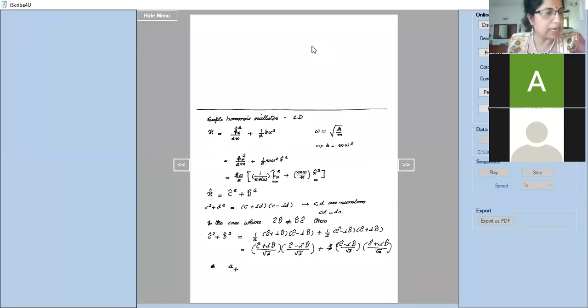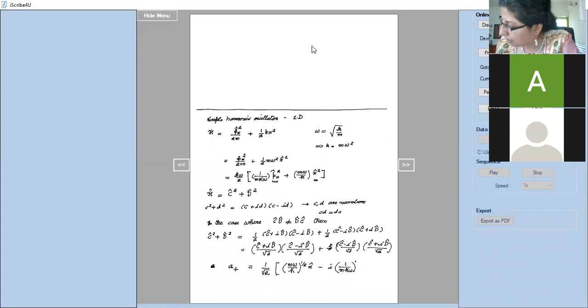One which we call A plus, let me just check it out so that I don't get it wrong, which we essentially write down as 1 upon root 2 into m omega by h cross power half x minus i, 1 upon m h cross omega power half px, and the other one you call A minus. Remember, this is a definition.